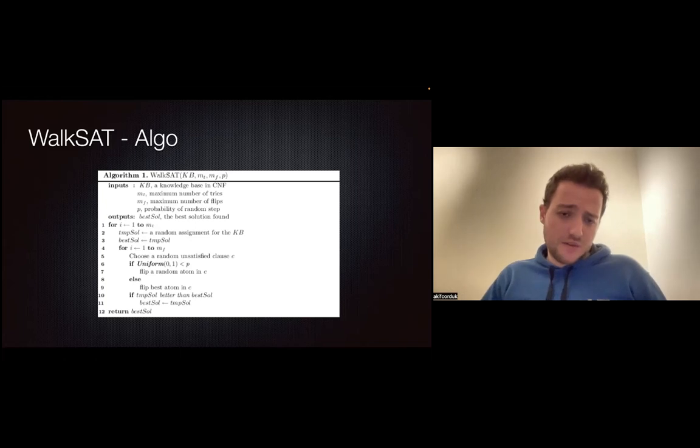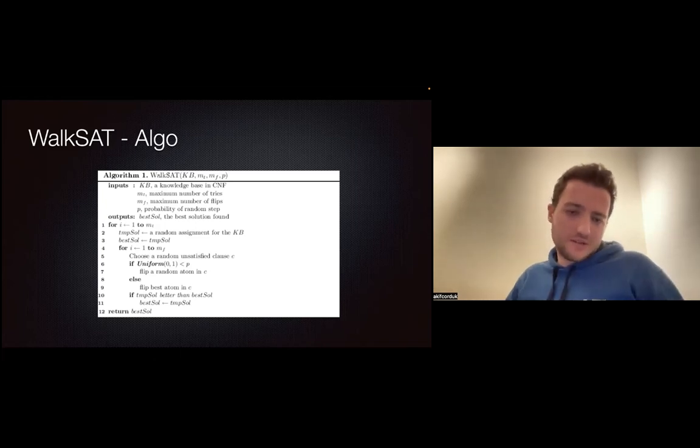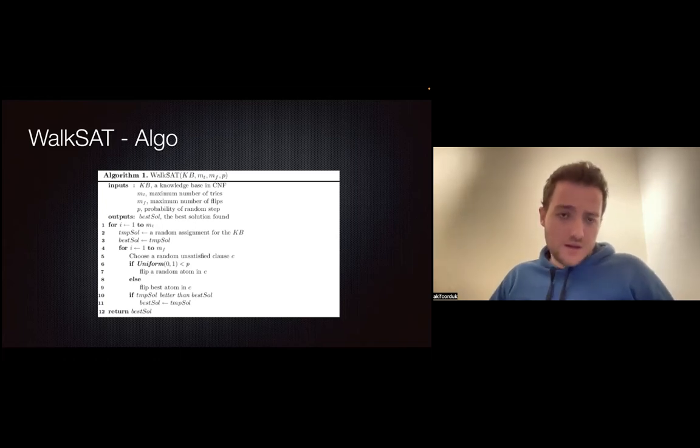And if the solution after this variable flip is better than the current solution, then we update it. By better, we basically mean the number of satisfied clauses, at least for this case. If there are any questions at this point, we can stop and then continue.